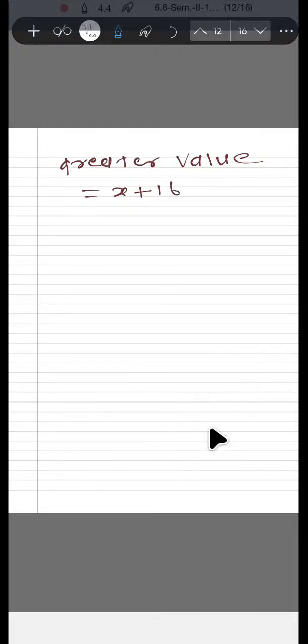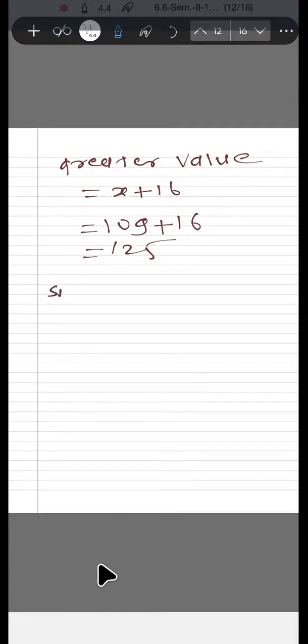So the greater value or number is equal to x plus 16, then 109 plus 16, which is equal to 125.